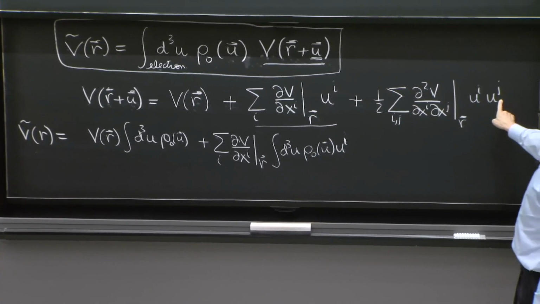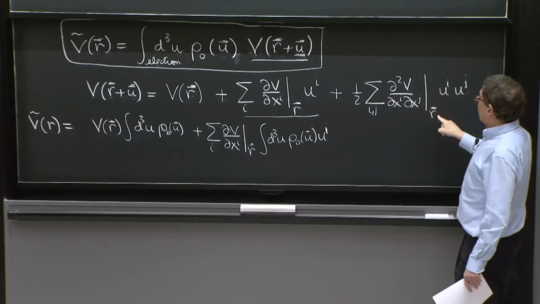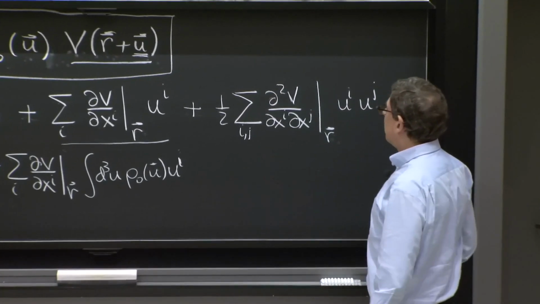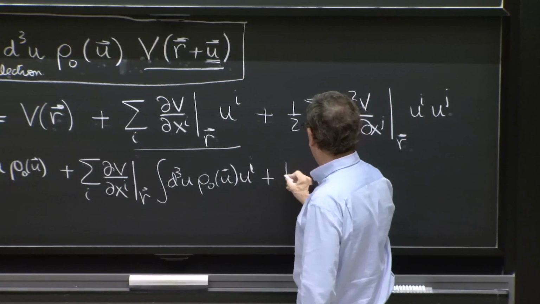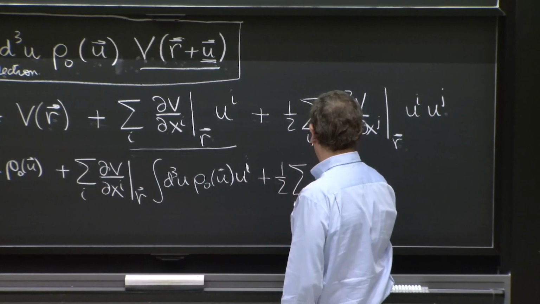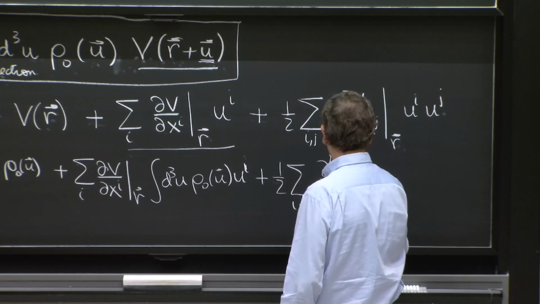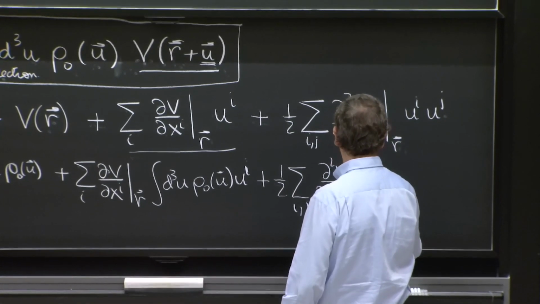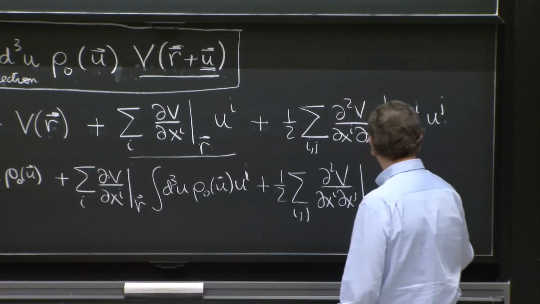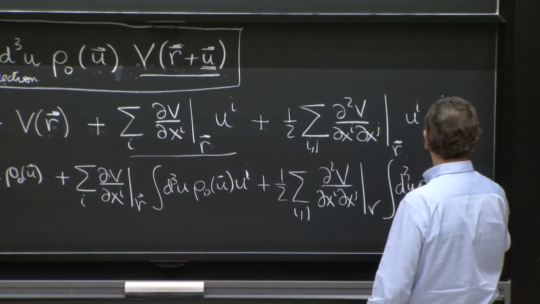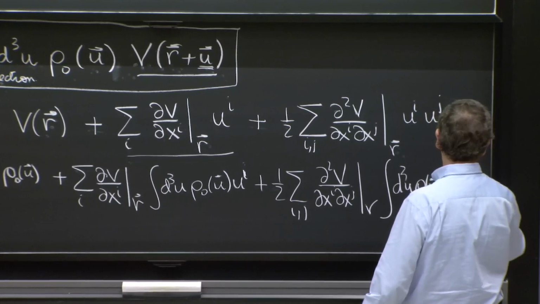Last term, these derivatives go out. They're evaluated at R. They have nothing to do with u. So plus 1/2 sum over i and j, the second derivative d squared V dxi dxj evaluated at R, integral d cube u rho of u ui uj.